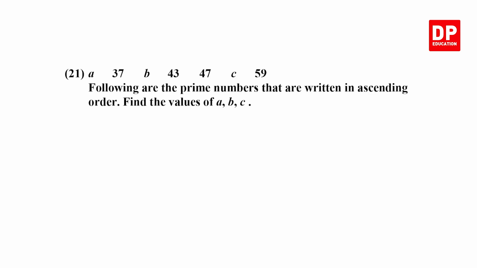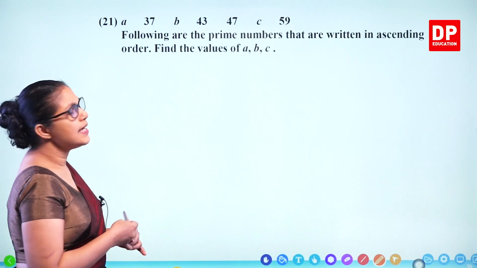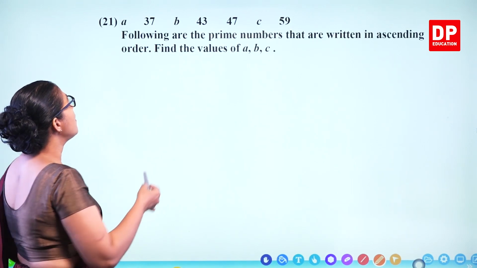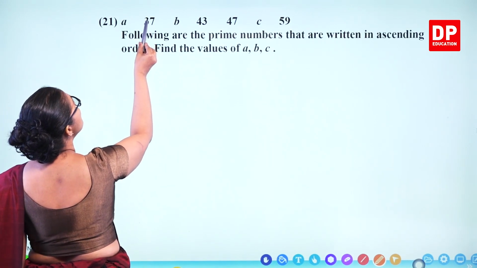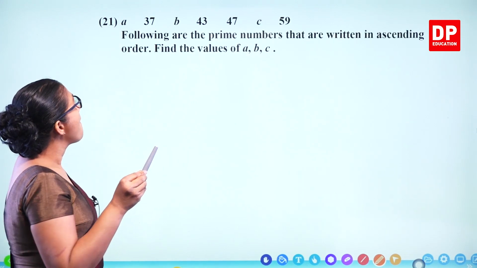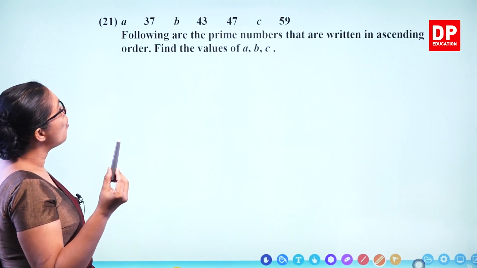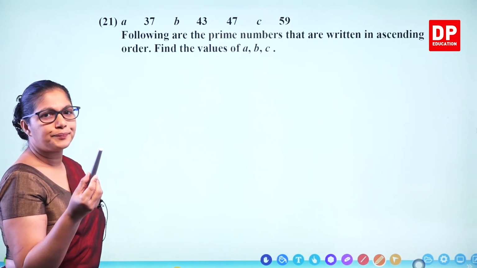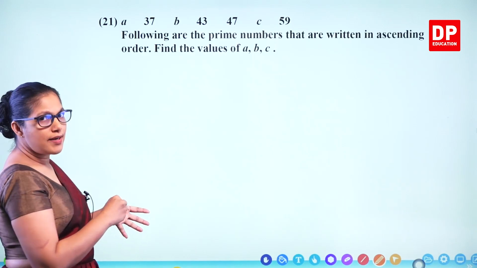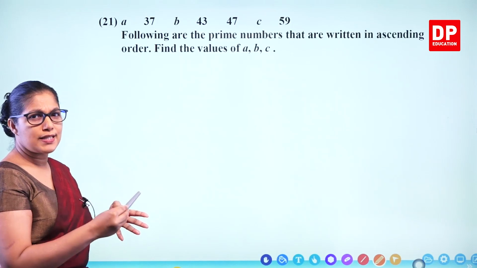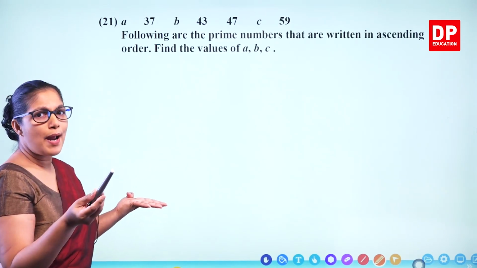Question number 21. Following are the prime numbers that are written in ascending order. Find the values of A, B, C. These are in ascending order. So that means A should be before 37. What's the prime number before 37? 31 is a prime number. 32, 33, 34, 35, 36 are all not prime numbers.